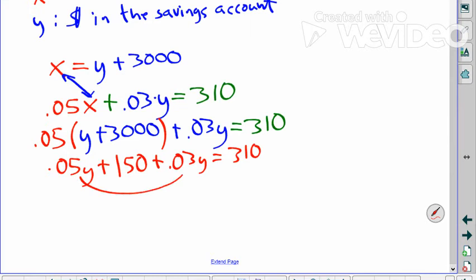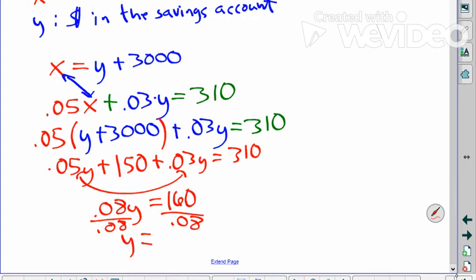Can combine some like terms here. That's 0.08y. Subtract 150 from both sides, and I'm going to be left with 160. And then divide by 0.08. And y is going to be 160 divided by 0.08. That is $2,000.